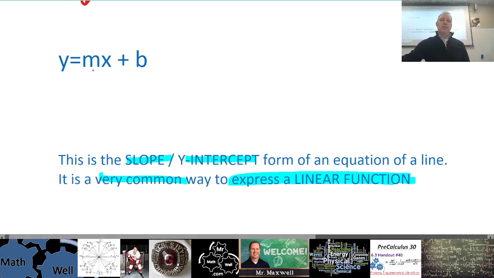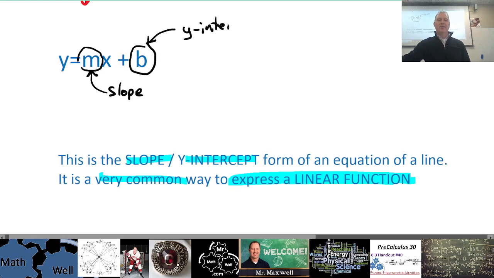So from here, the reason why this is called slope y-intercept is that the m represents the slope of the line, always. Slope. And the b represents what? Yeah, it's a constant. The other part of this, name of this, the y-intercept. Yeah, the y-intercept. Okay.